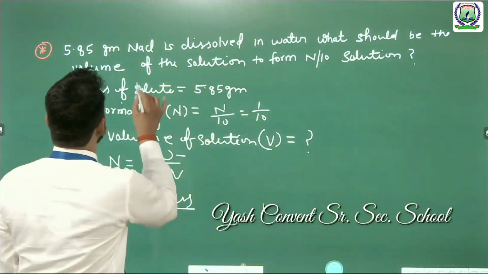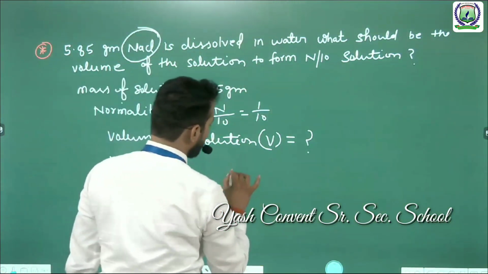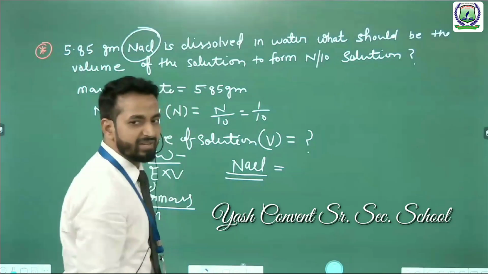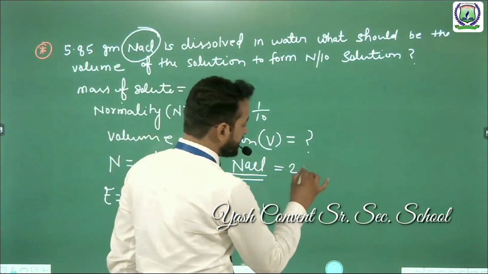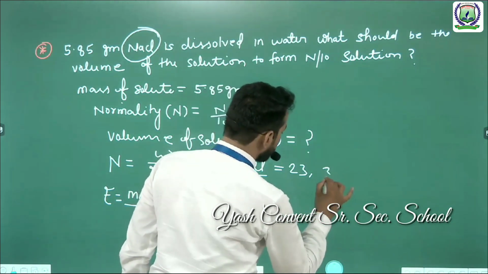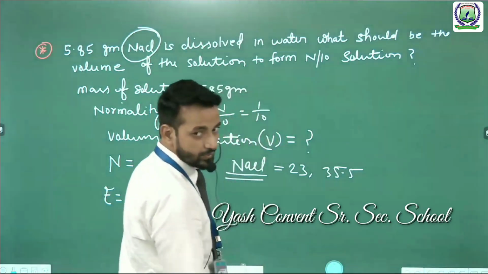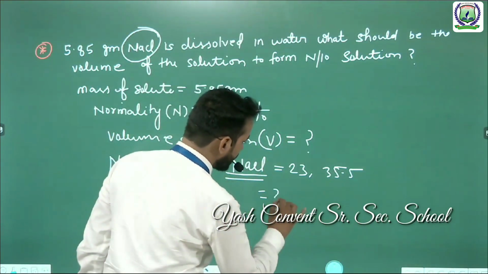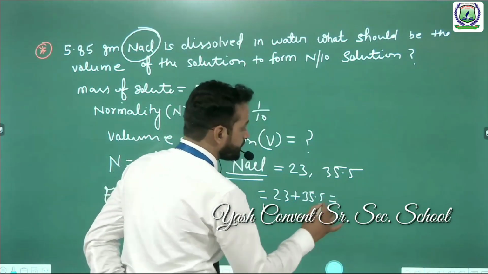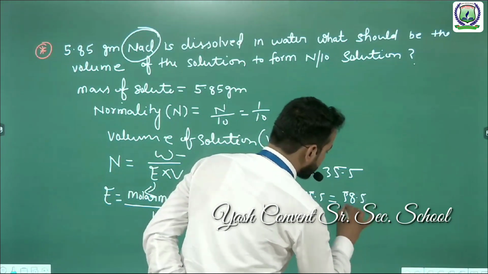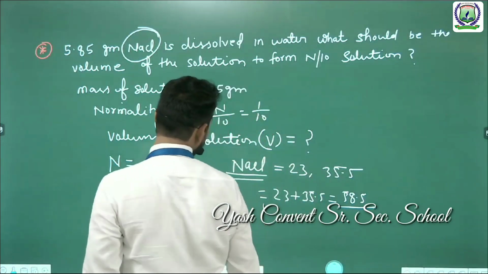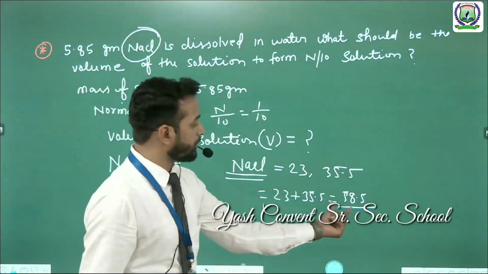Molar mass of NaCl is the atomic mass of sodium, which is 23, plus chlorine, which is 35.5. The molar mass of NaCl is equal to 23 plus 35.5, which is 58.5 gram.